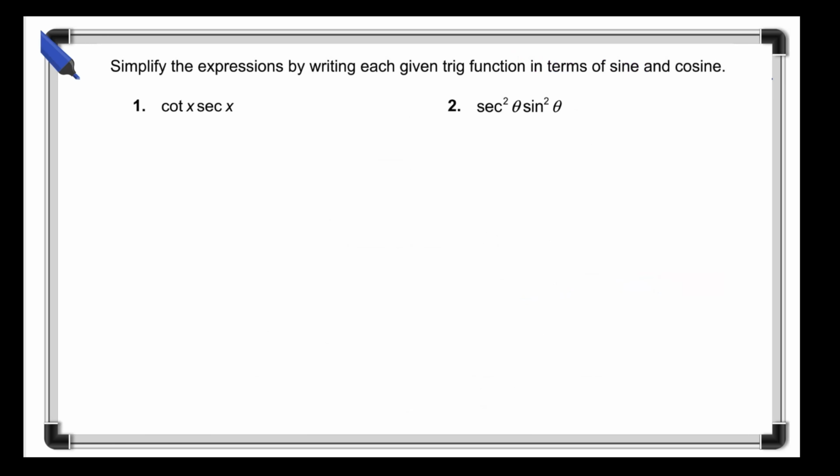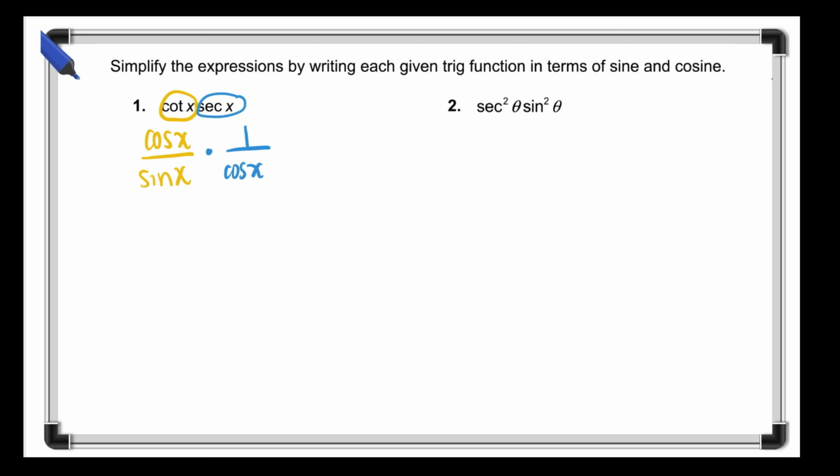When I look at these expressions, I'm going to look at each part. The first part I'm going to look at is cotangent. I can use one of my quotient identities and substitute cosine of x over sine of x in place of cotangent. Then I can look at secant, and I know that secant is the reciprocal of cosine, so that's 1 over cosine of x.